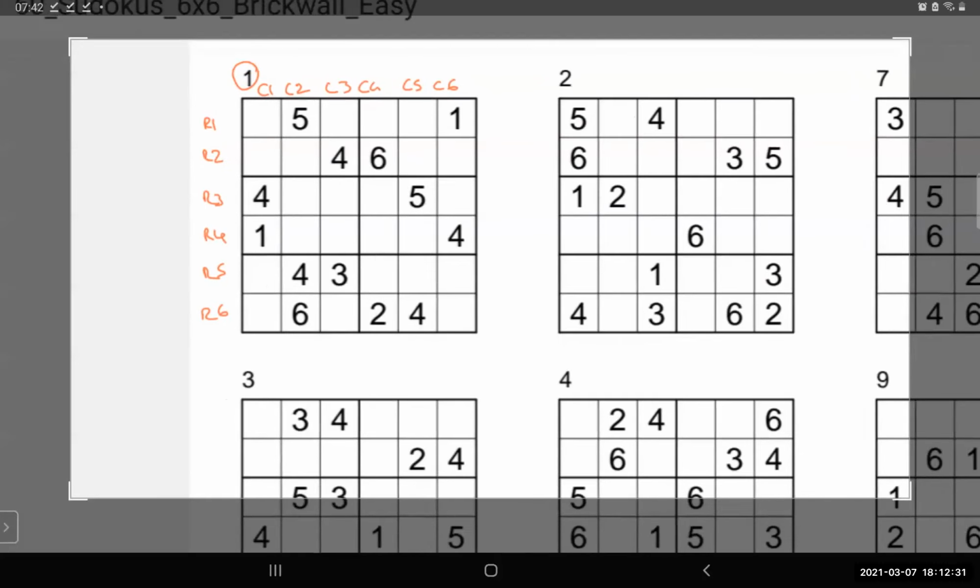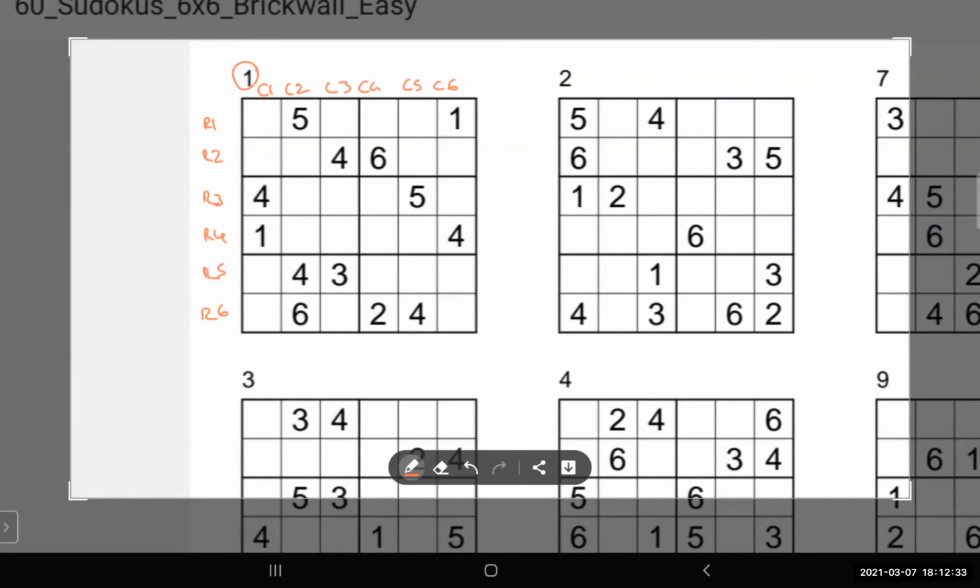Okay, good. Let's start with R1 C1, sir. What will be in R1 C1? There is only 4. I mean, 5. No, sir. See, I would start it this way.